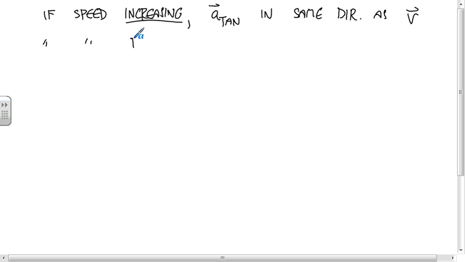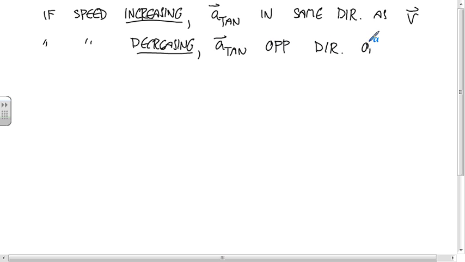And if the speed is decreasing, we'll have a tangential acceleration in the opposite direction of the velocity vector. So that's what we're going to use to get the direction of the tangential acceleration.